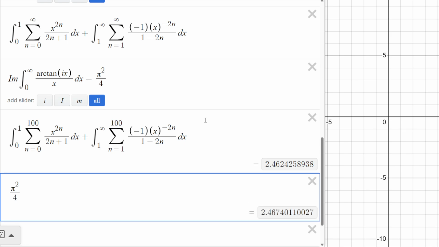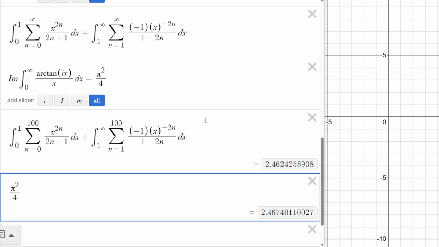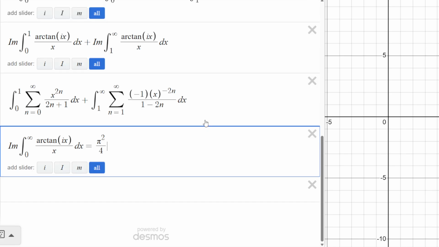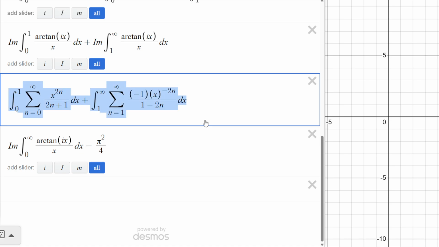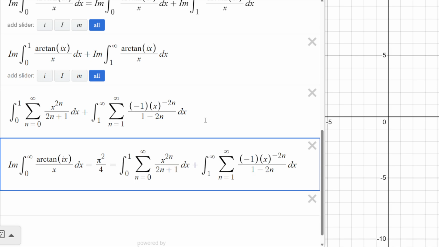Yeah, so it is. Obviously, if we took this to infinity, it would go to pi squared over 4. All right, so what we've said is that the imaginary part of this is equal to pi squared over 4, and it's also equal to this.